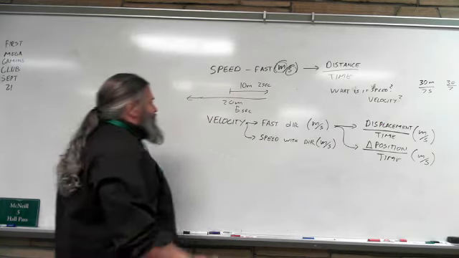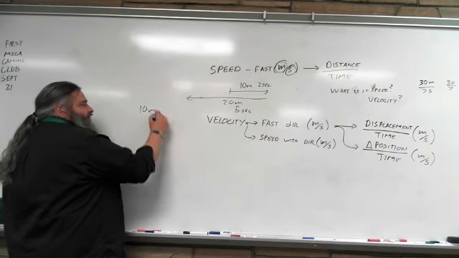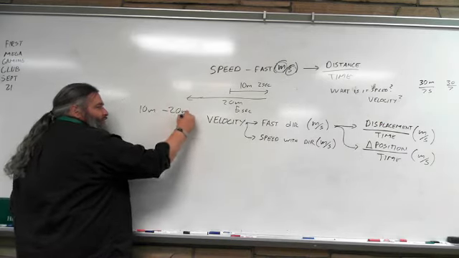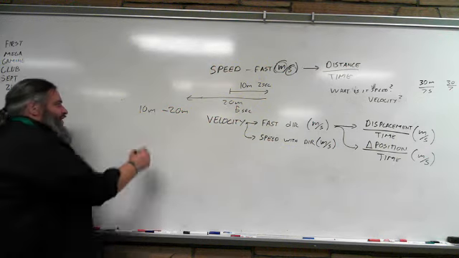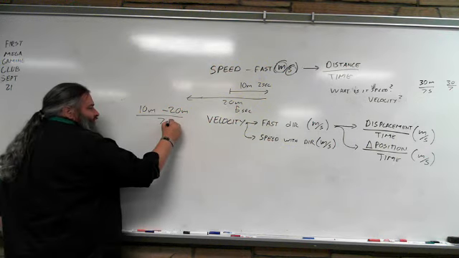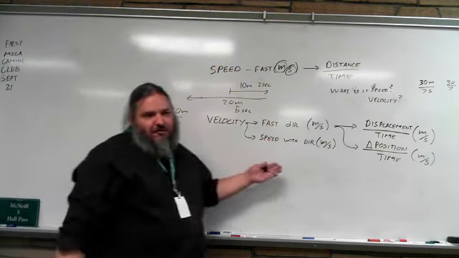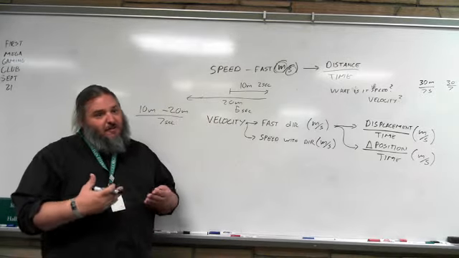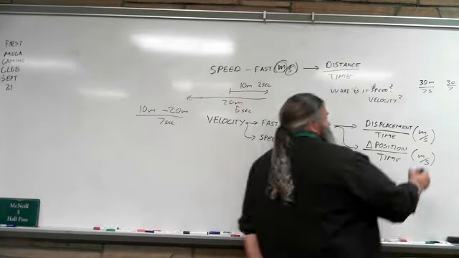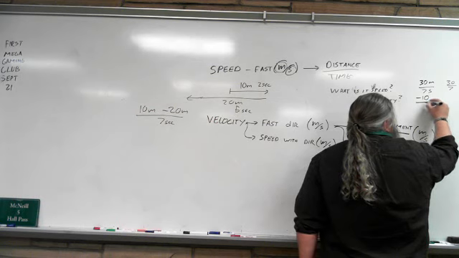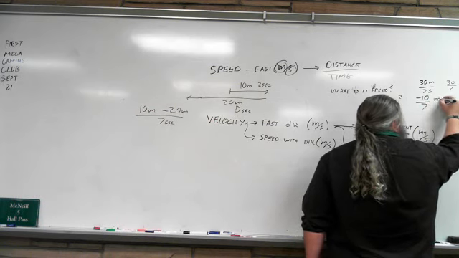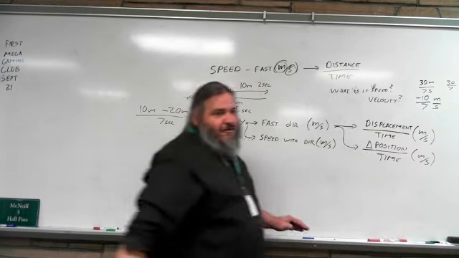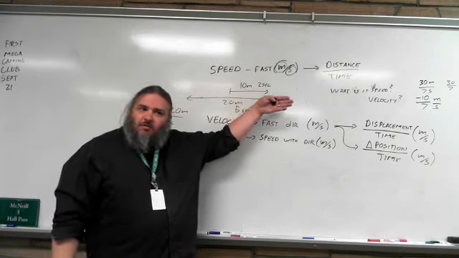Okay? If you look at it, it goes 10 meters and then goes back 20 meters and does that in 7 seconds. The first one was 10 divided by 7, and this one I'm left with negative 10 over 7. For the first one, the net motion was this way.